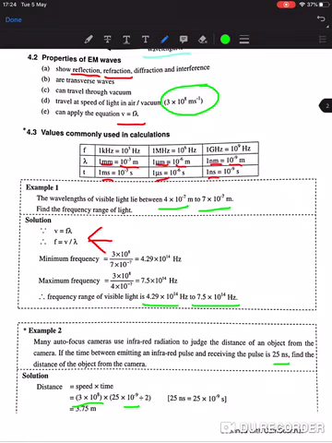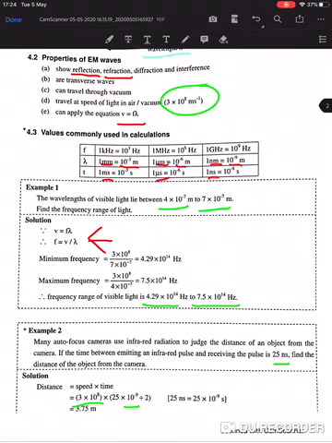It's because it's emitting and receiving as a pulse. It's just an additional exercise for you to try this equation. Besides that, we are not going to put that in the exam.